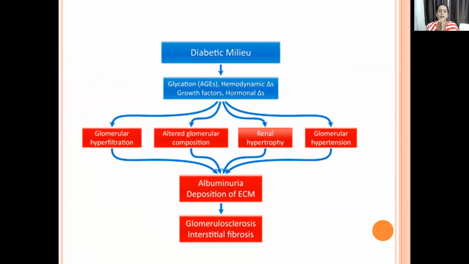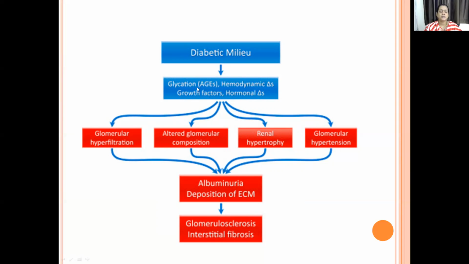Okay, they get bound and then form the advanced glycosylation end products. These get deposited on the basement membrane and other tissues. Because of that, there are some hemodynamic changes, growth factors are released, and there will be some hormonal disturbances.